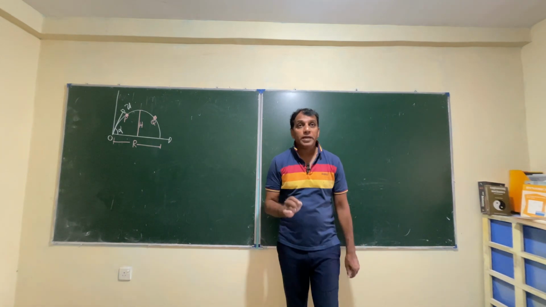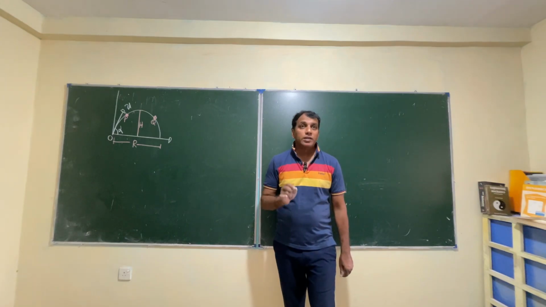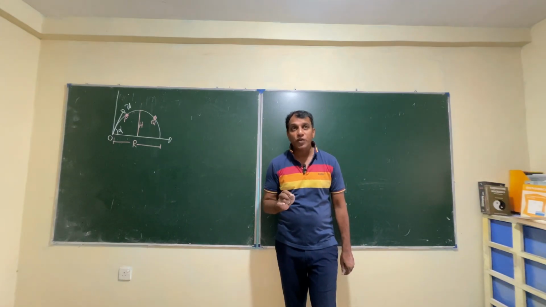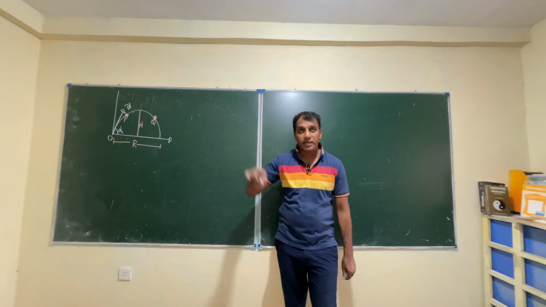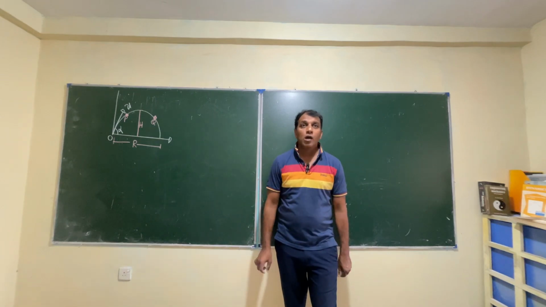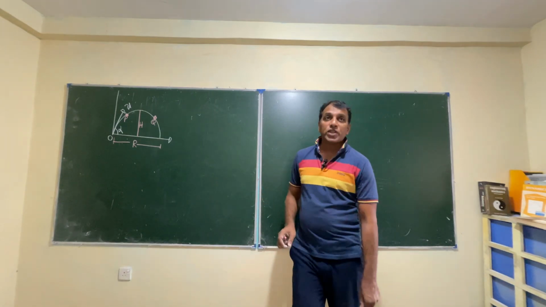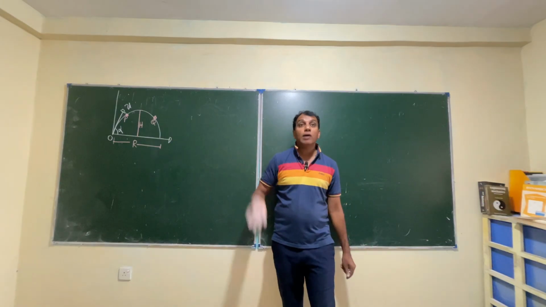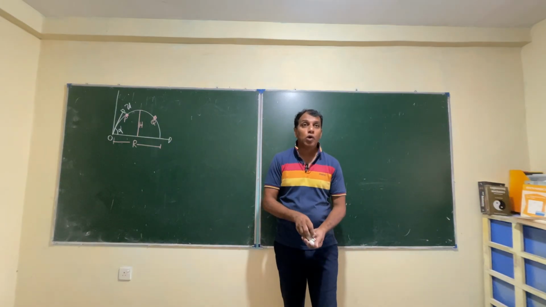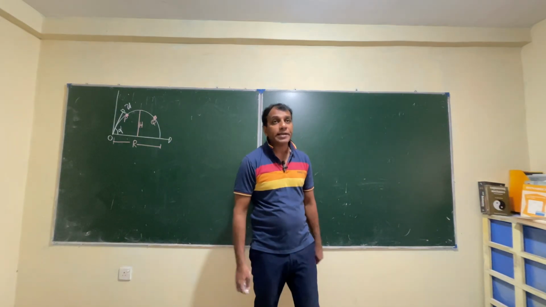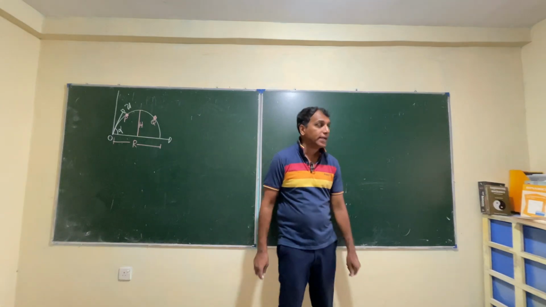So what the problem says is, prove that the horizontal distance between the two points on the path, which I mention as P and Q, of the particle, at a vertical distance above O equal to 1 over n times the greatest height.